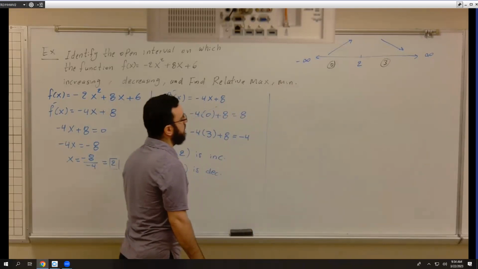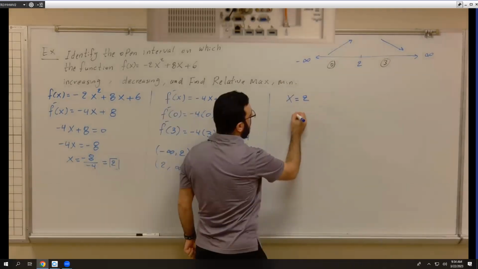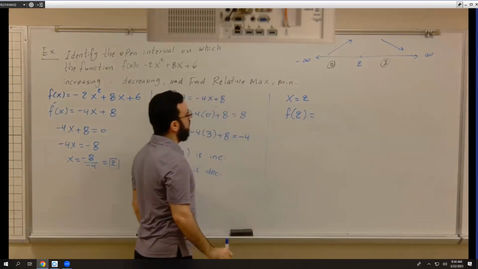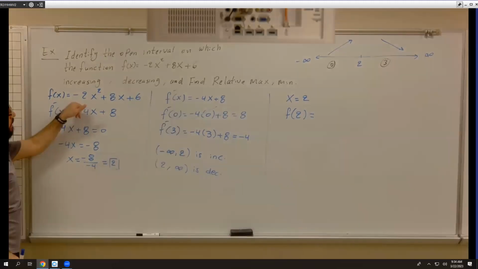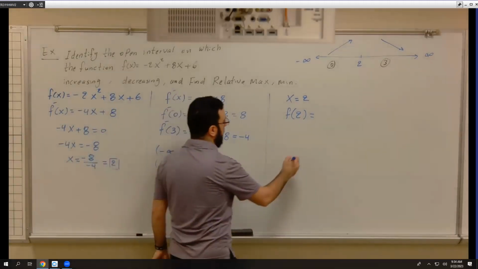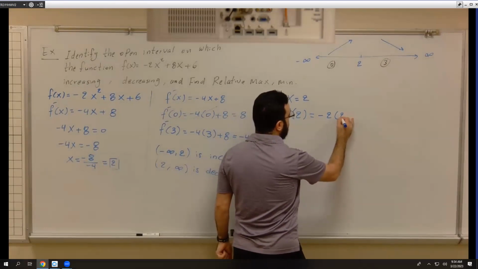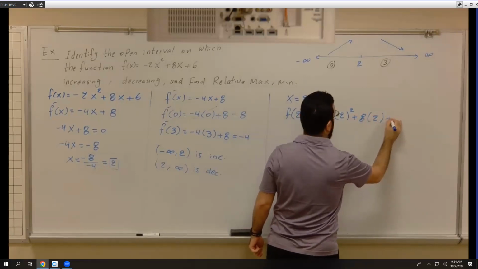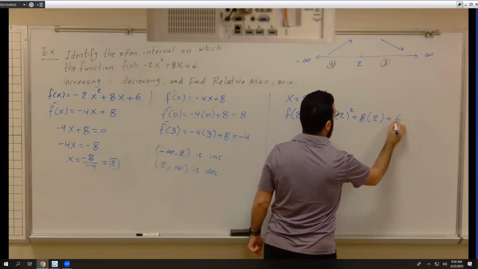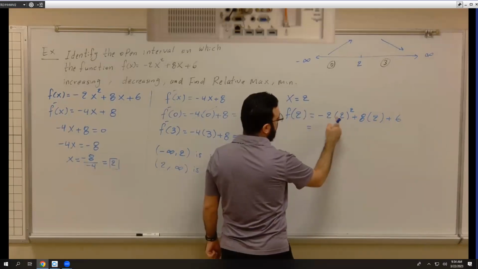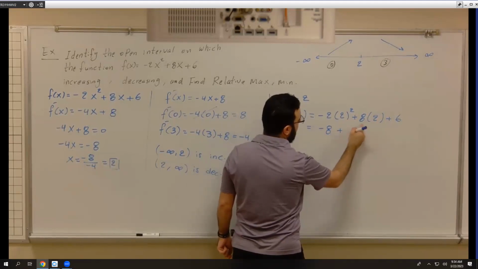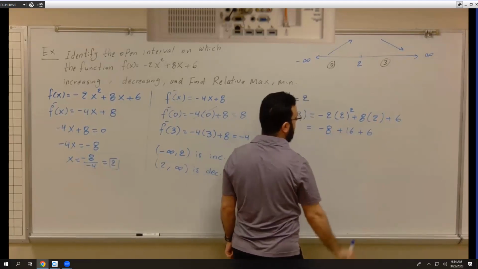We need to find the point. So x equals 2, that means f of 2 is going to be equal, using our original function to find the y coordinate, to negative 2 times 2 squared plus 8 times 2 plus 6. Negative 2 times 4 is negative 8, plus 16 plus 6.